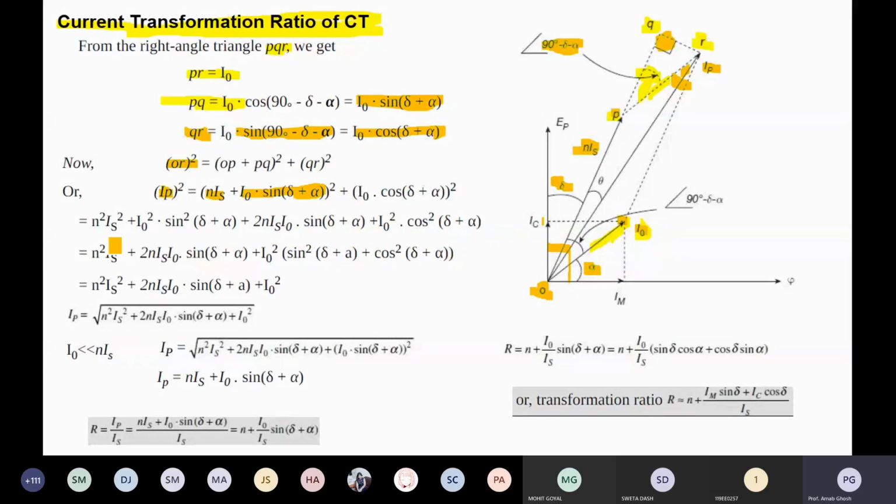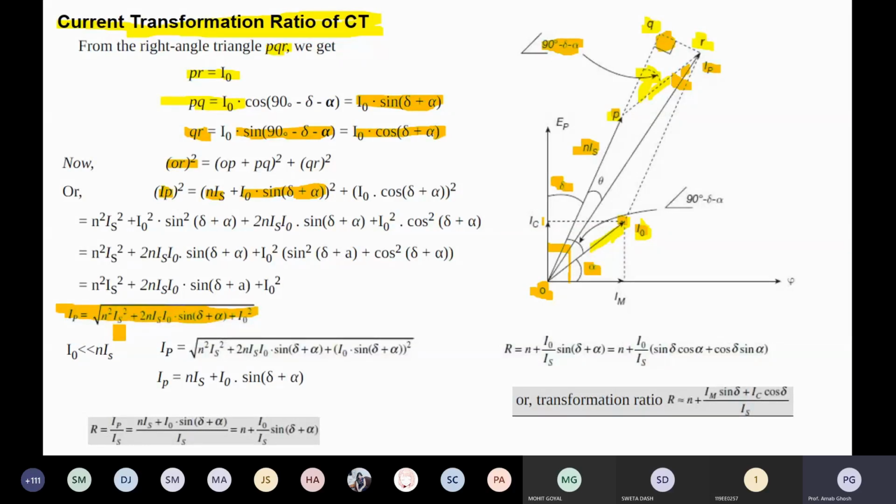You can say that I0 is very much less than NIS. Definitely the magnetizing component is very low. You know that expression from the ideal transformer, so you can neglect that value I0.